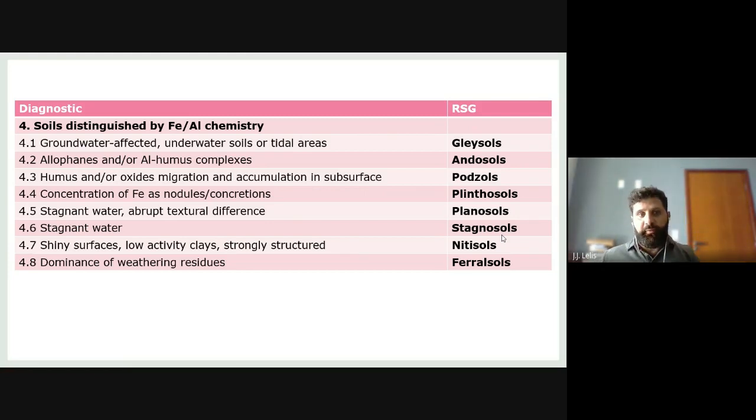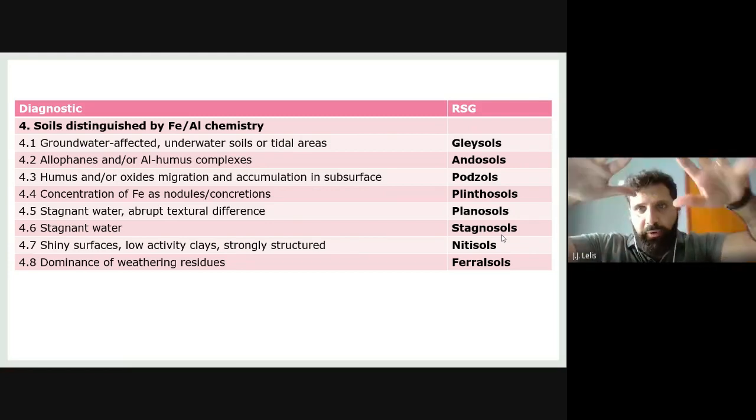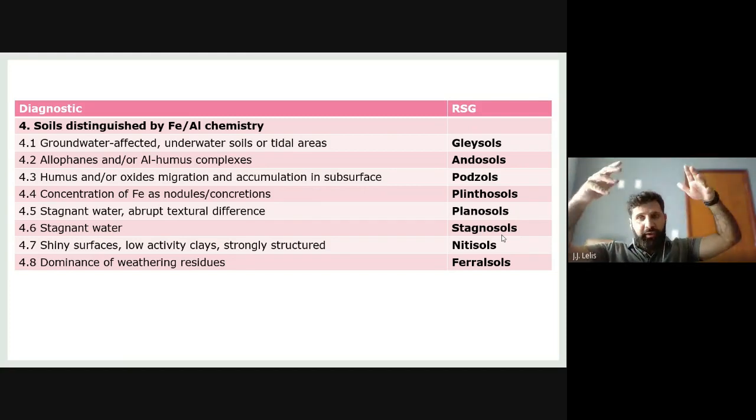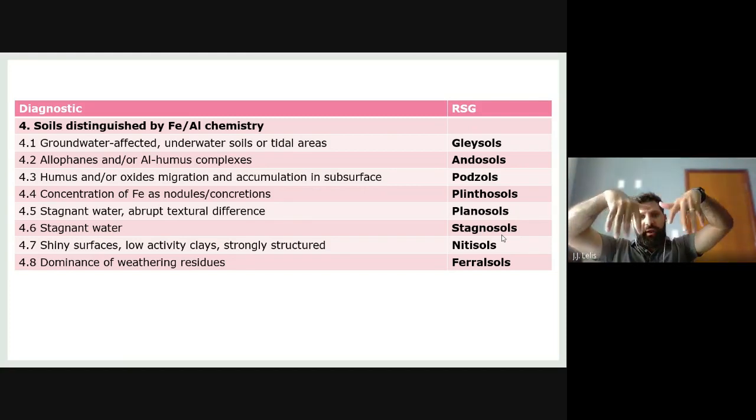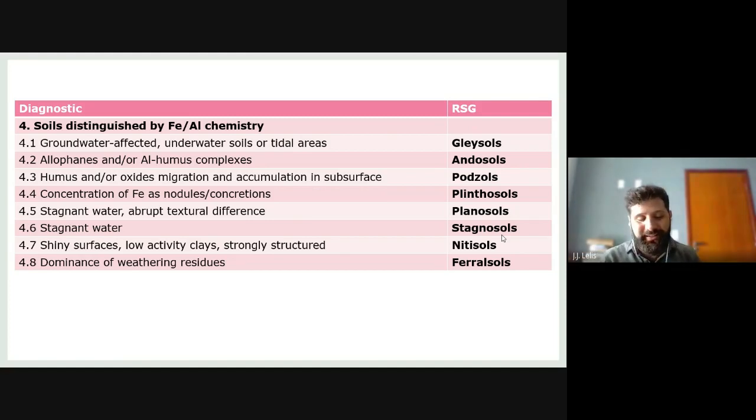It's because the rainwater, the water that comes from the rain, can't migrate through the soil easily. And because of that, this soil starts to create some specific reduximorphic features, because water can't migrate through the soil from the surface to the subsurface easily.